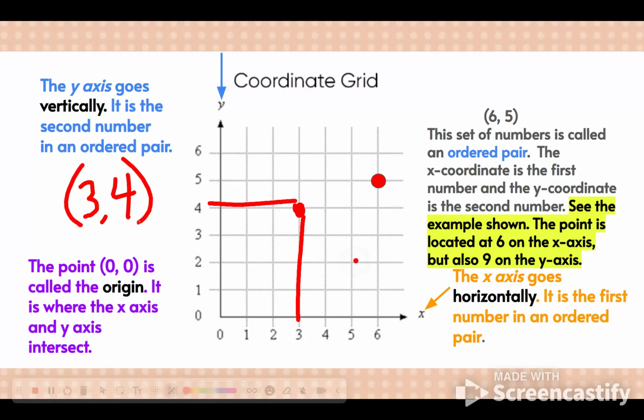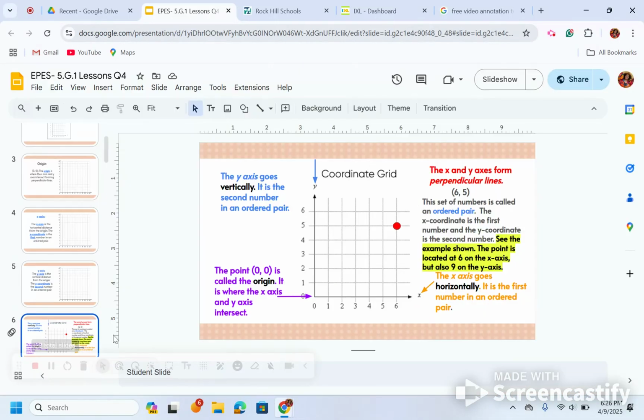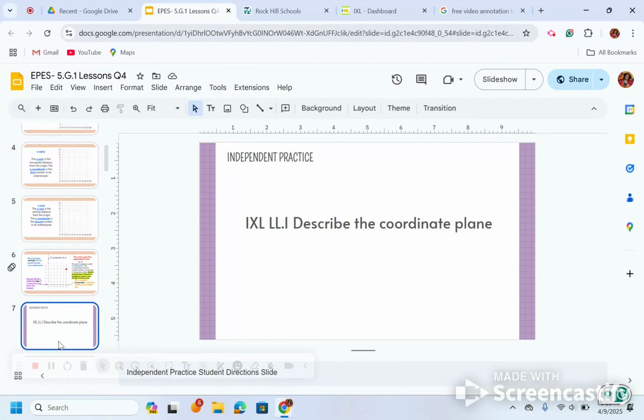If I choose this, remember, in an ordered pair, the x coordinate goes first. Where is it on the x? It is on 5. Where is that point on the y? It is on 2. So the ordered pair for that is 5, 2. All right, let's keep going.